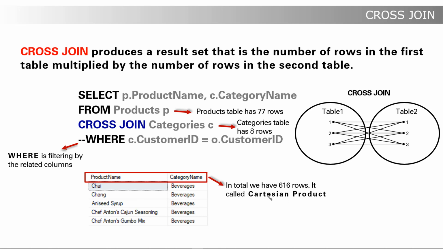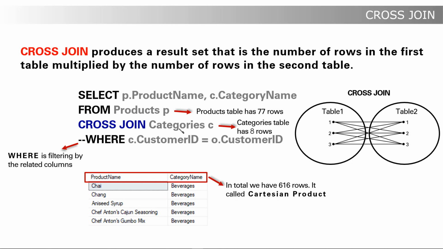It's called Cartesian product. Notice that if we use where and relate the two tables with a related column like customer ID and customer ID, we filter out all the duplicate columns.